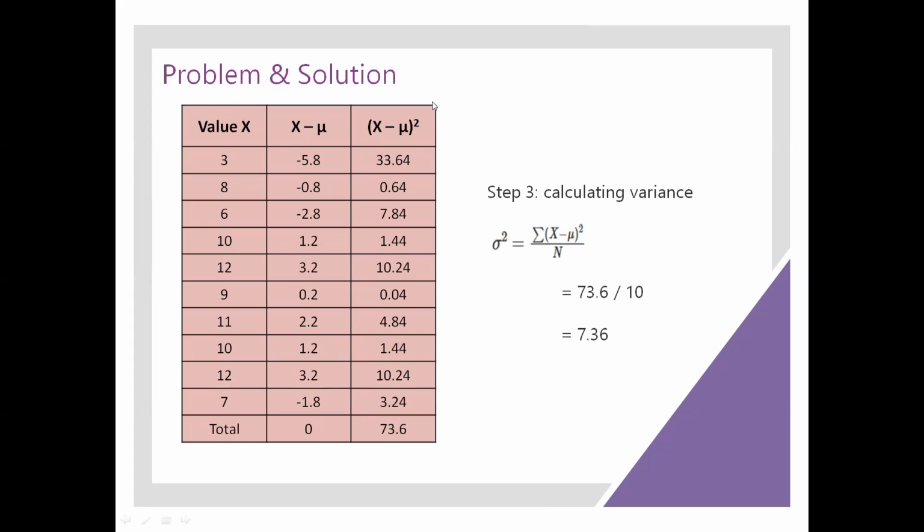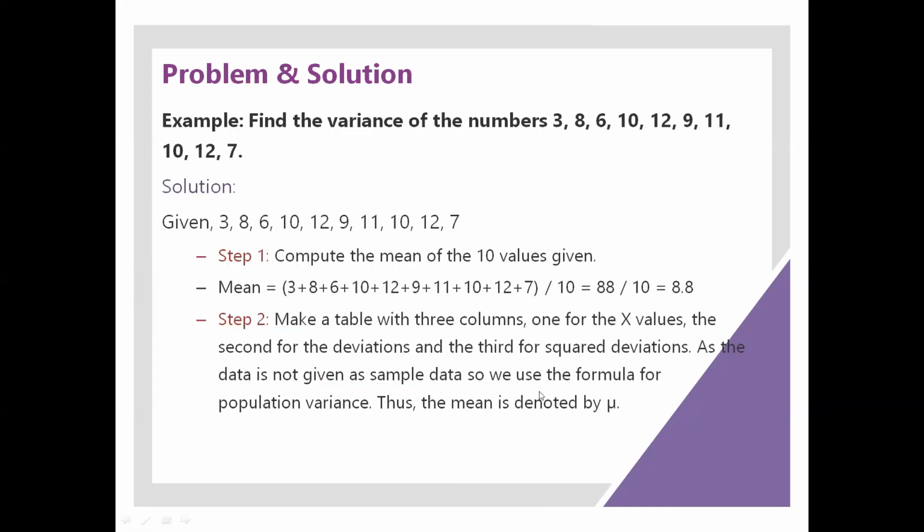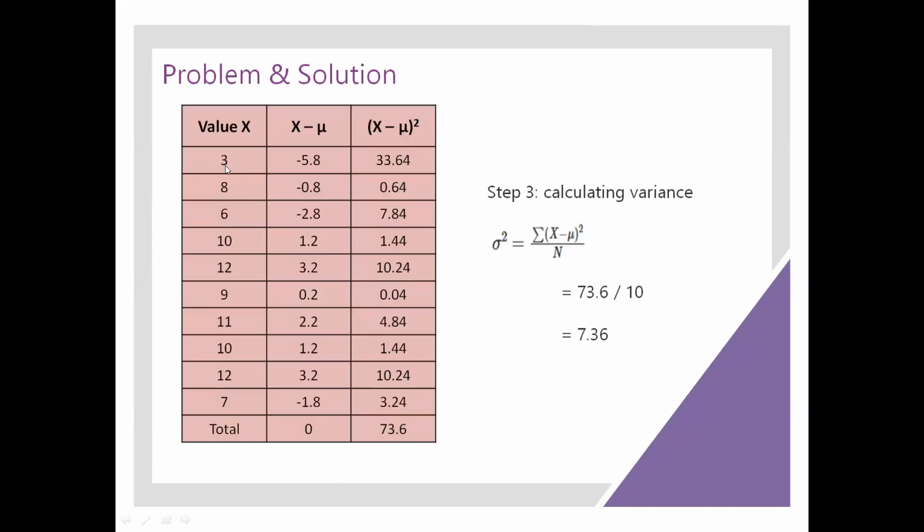So I am preparing one table here. I have written all the values which are given to me. I found the mean value, which in this case was 8.8. So now I'll subtract the mean from the given data point, so you will get the values x minus mu. For every value you will find x minus mu, and finally you will take the square of that.